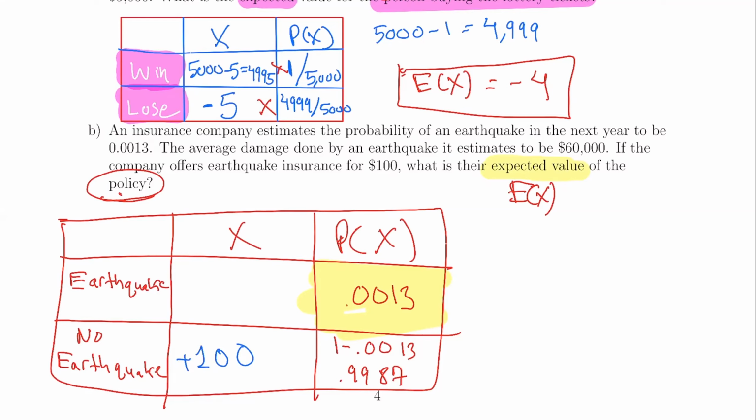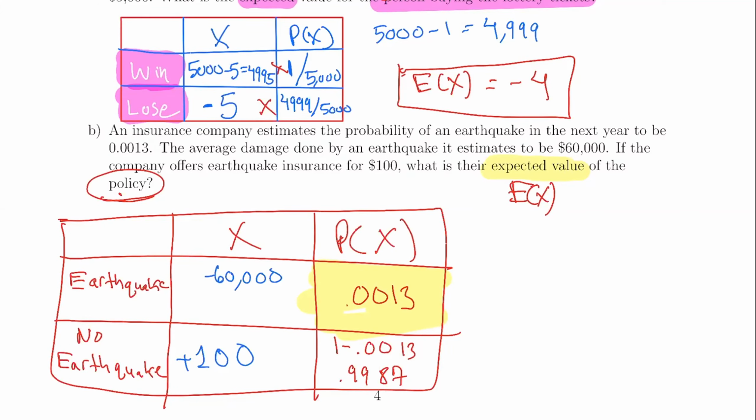All right. So that means they're going to lose money when an earthquake actually does hit, because when an earthquake hits, they have to pay everybody out. If you look right here, they say it's an estimate of $60,000. So that's what we're going to estimate the payout has to be. So they're going to be out $60,000. But the thing is, they already collected the $100.